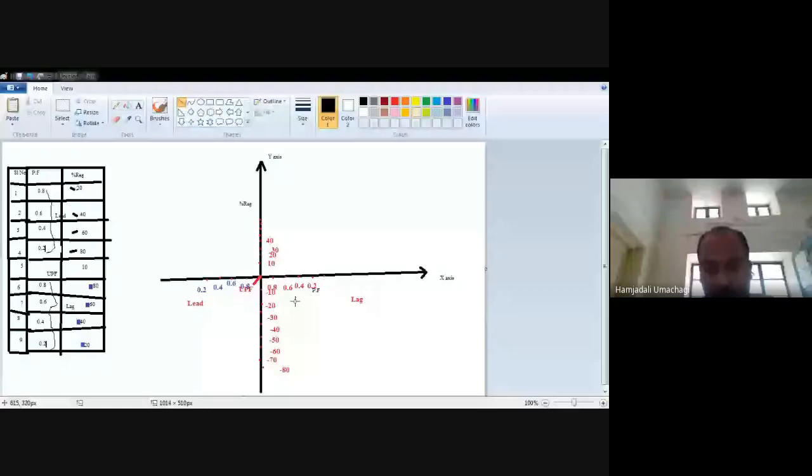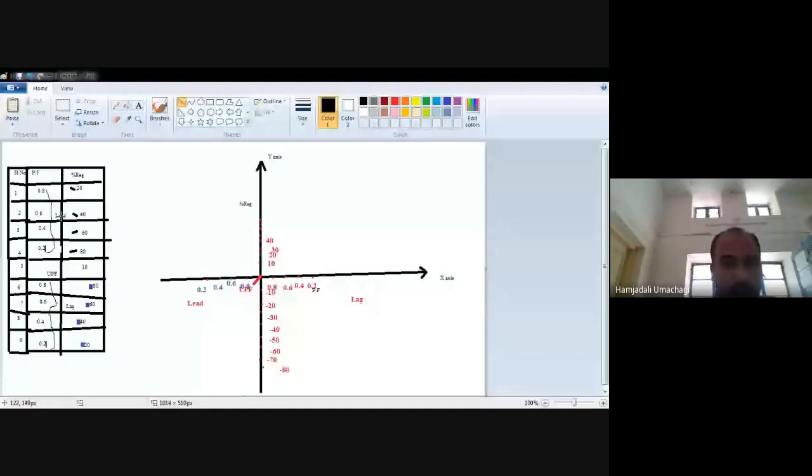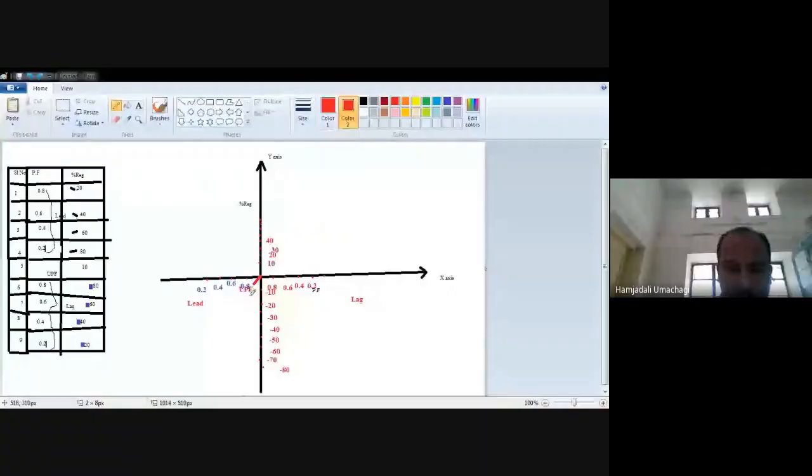So first is 0.8, and the power factor is leading. Suppose I take that 0.8 regulation as minus 20, then my first point will be here. Minus 20 means here. Then 0.6 means this one, minus 40 means here.